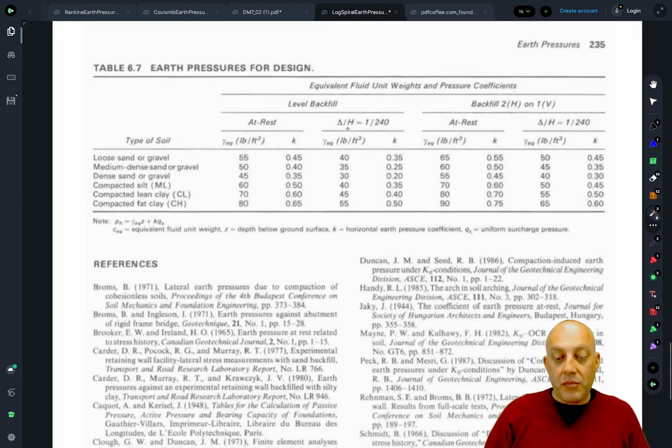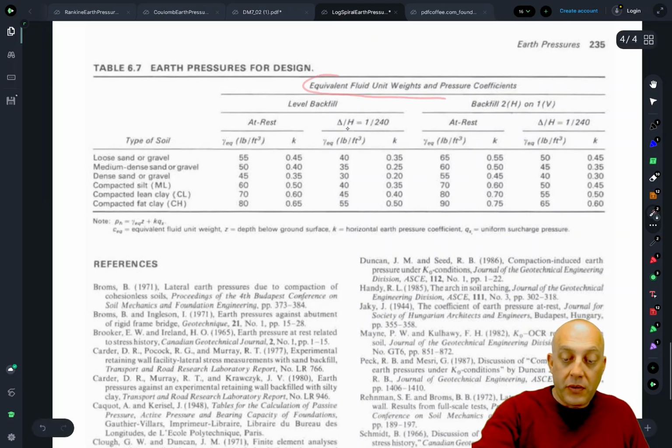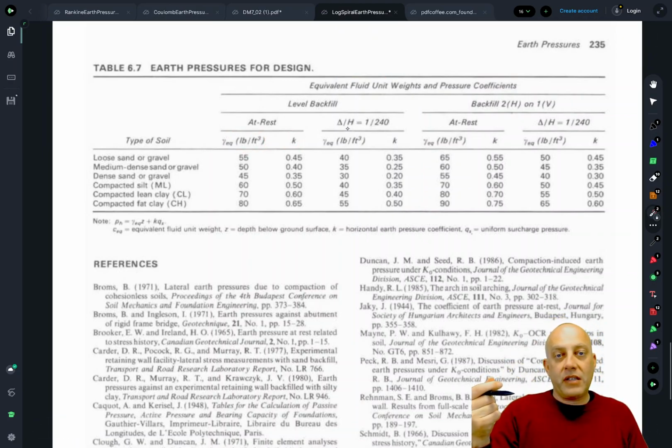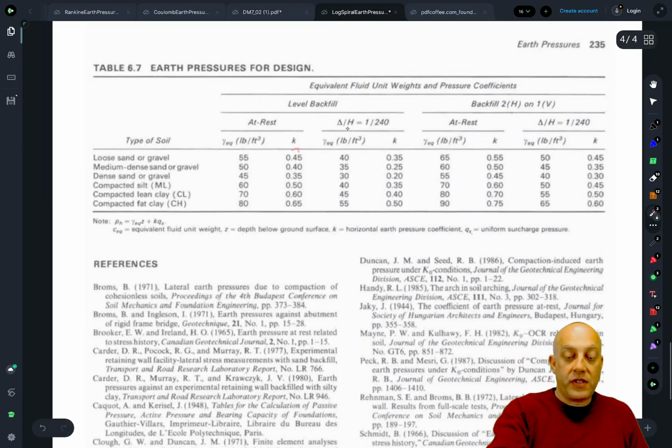Okay, so anyway, the table is organized into a hierarchical structure where you've got equivalent fluid unit weights and pressure coefficients. So there are two things: the equivalent fluid unit weight, and then there's a K value. That K value is how you multiply the surcharge load to get the equivalent horizontal pressure.